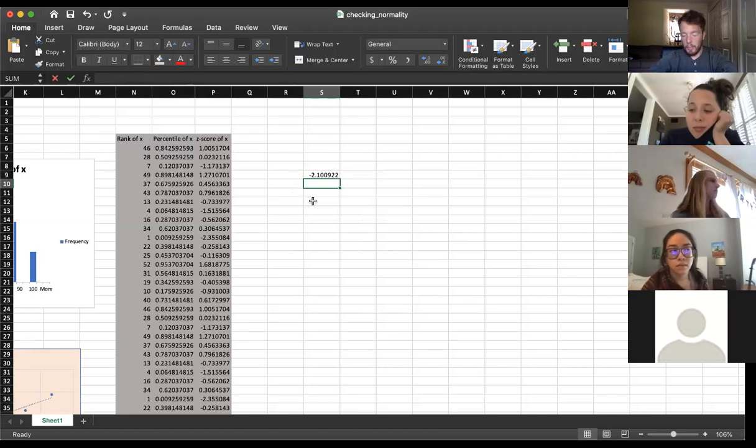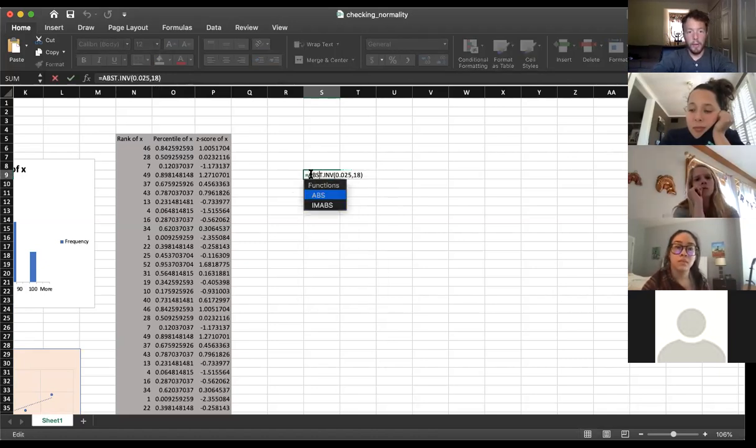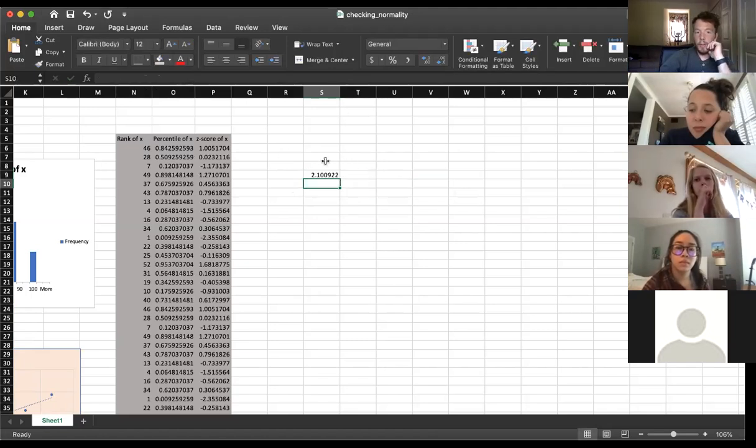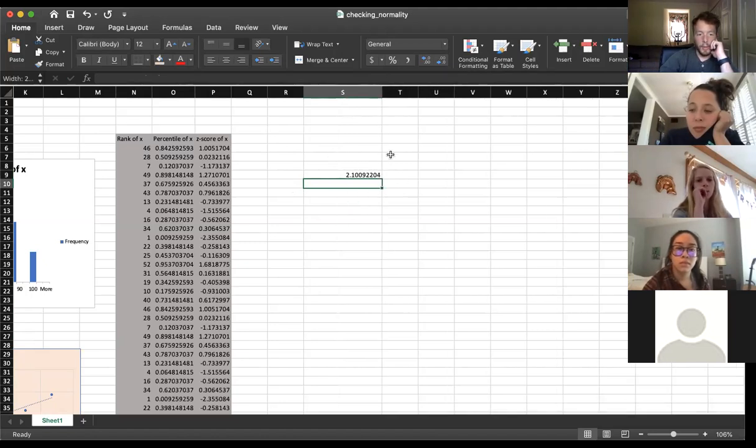You can check this value against your notes. I think I took the absolute value of it as well. That's how you would put it into Excel, and this is how you would get that C value for our confidence interval.